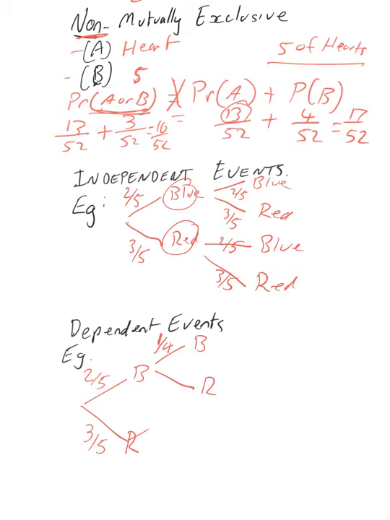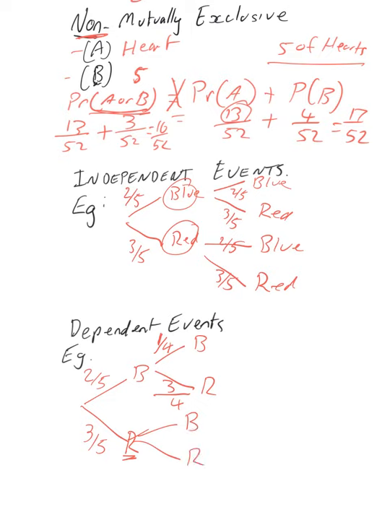And the probability of getting a red, in this case, is 3, because there's still 3 in there, out of 4.